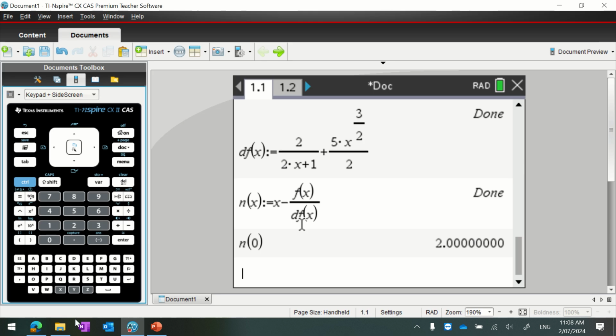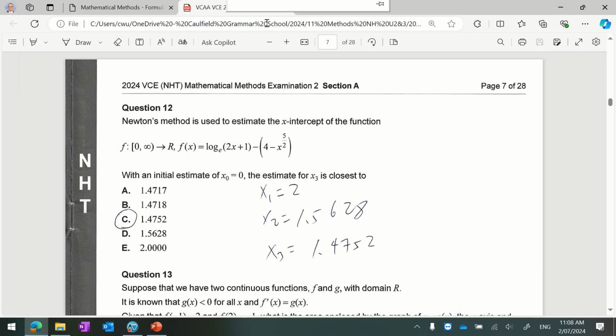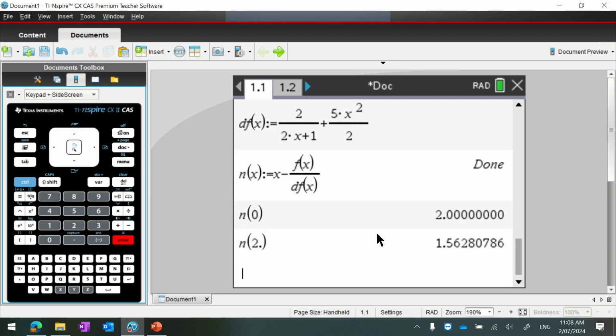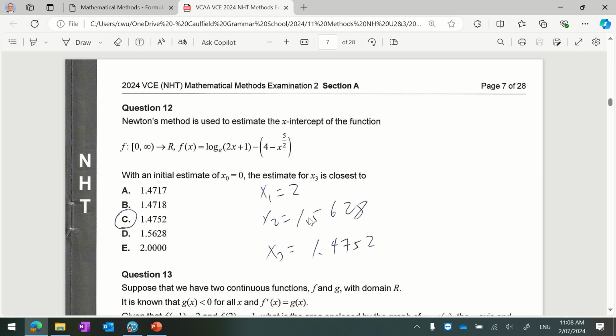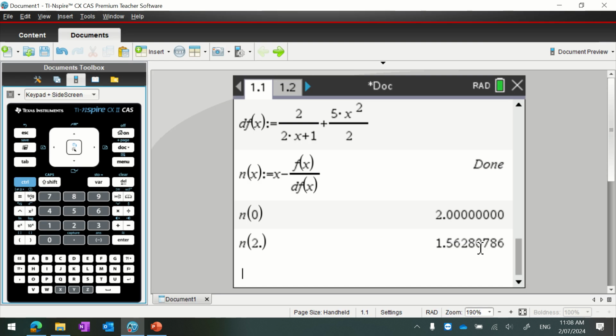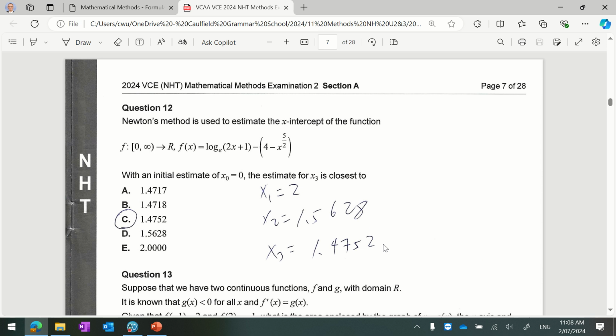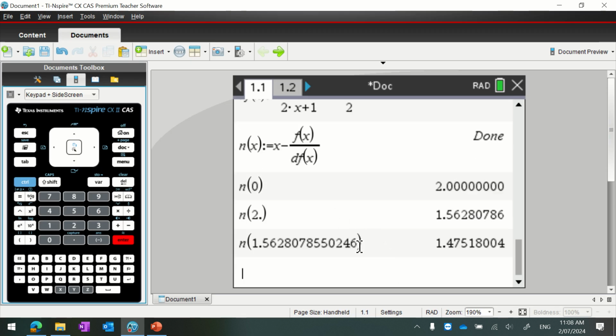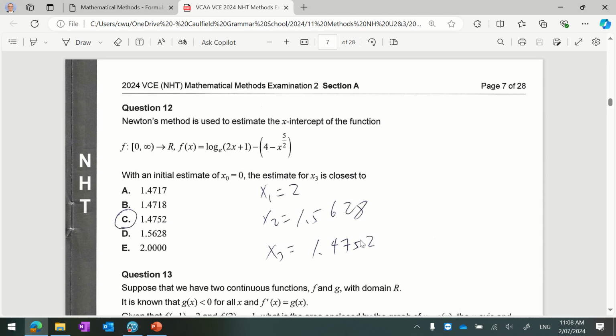If you sub 0 in, which is the starting value x0, you get x1 equals 2. So I'm going to write this down, x1 equals 2. And then you come up and do the next one. So x2 is 1.5628. That's x2, but we haven't got x3 yet. So come up and do that again, and you get the final answer.